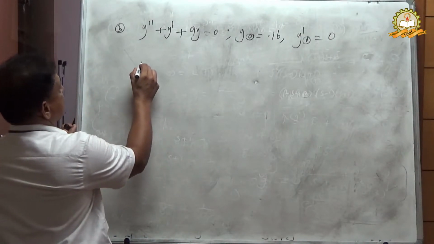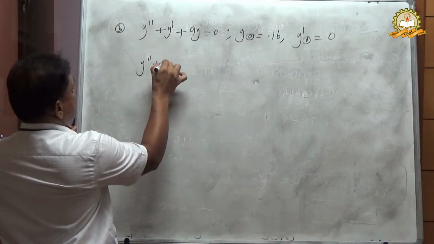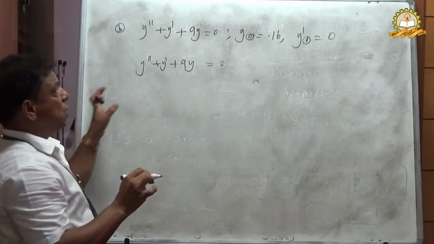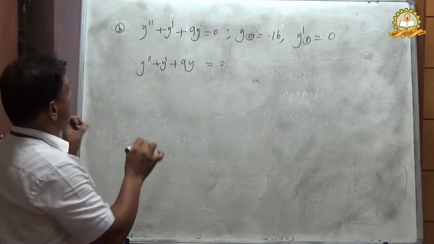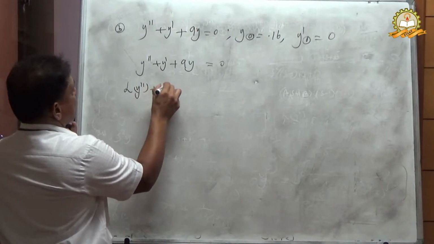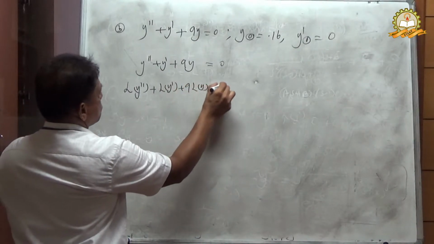For that, just similar to the previous case, y double dash plus y dash plus 9y is equal to 0. This is the ordinary differential equation given. We take the Laplace transform: L of y double dash plus L of y dash plus 9 into L of y is equal to 0.